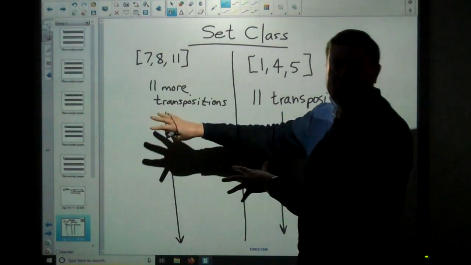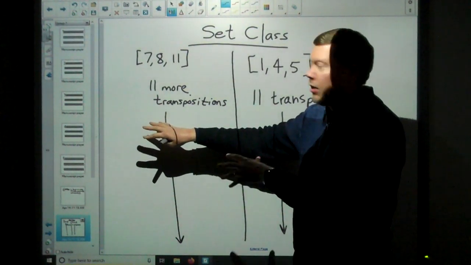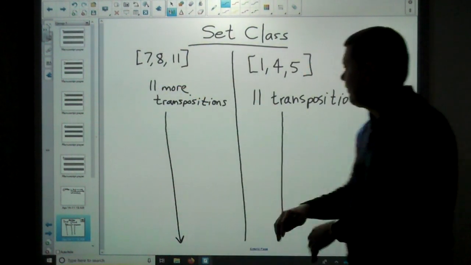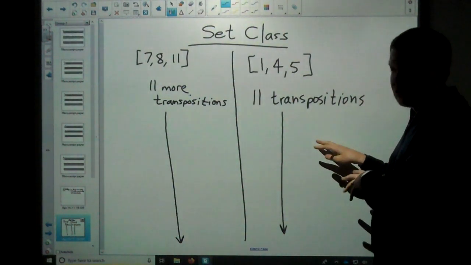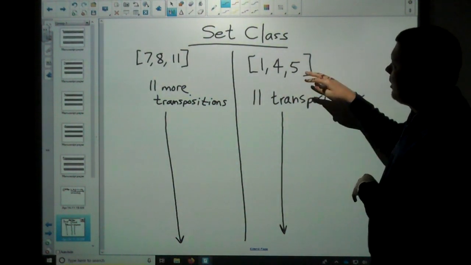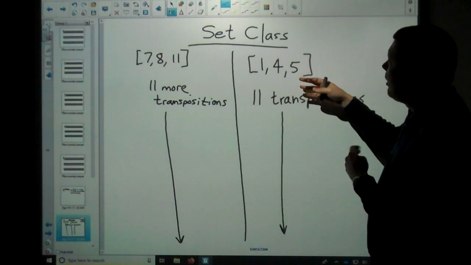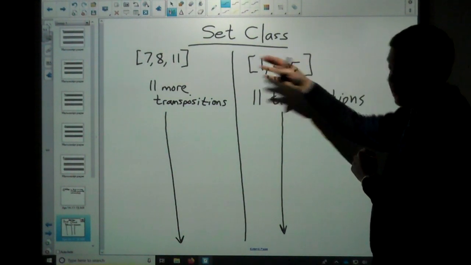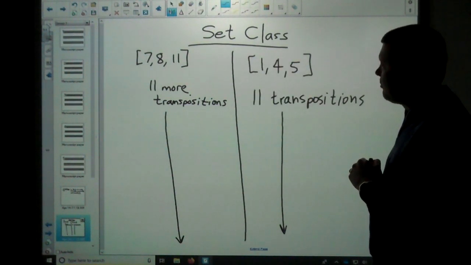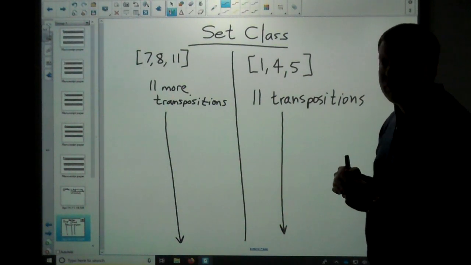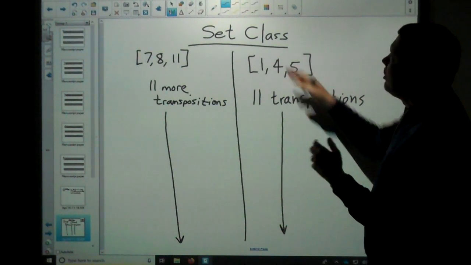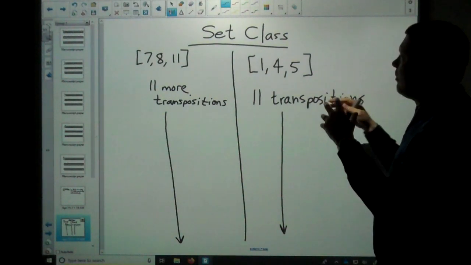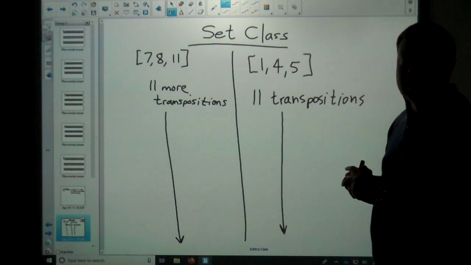So a total of 12 pitch class sets on this side, which is just straight transposition, and a total of 12 pitch class sets on this side, which contains all 12 transpositions of the inversion of the set that we started with, gives me a total of 24 pitch class sets that belong to this one large grouping called a set class.